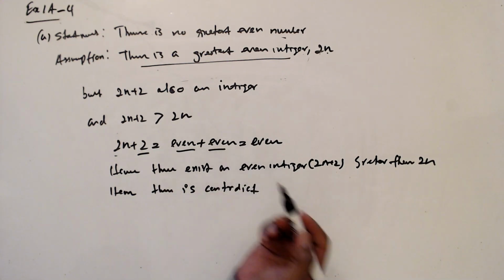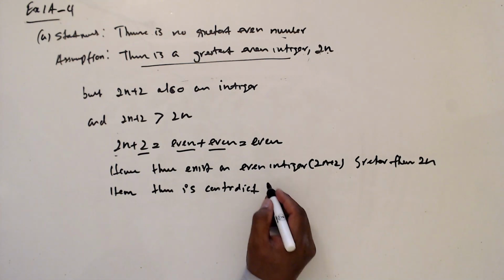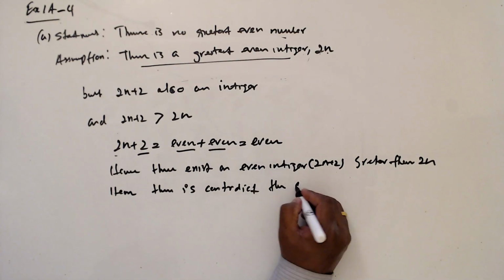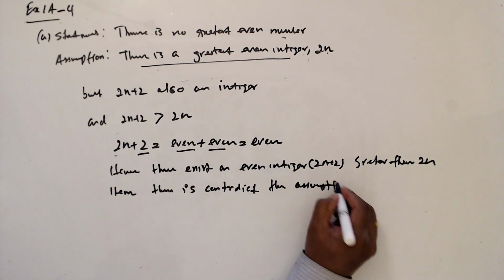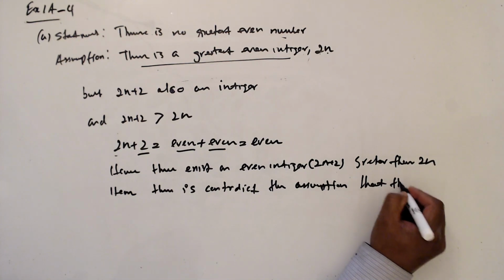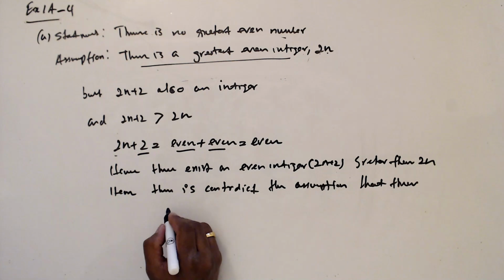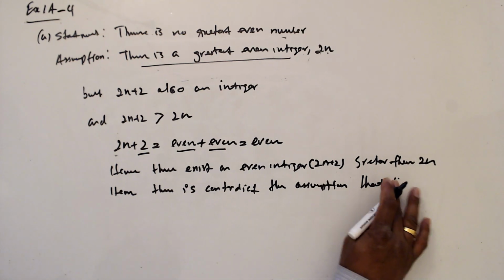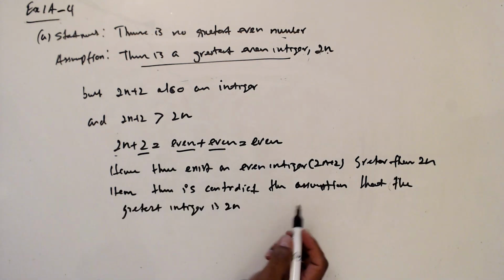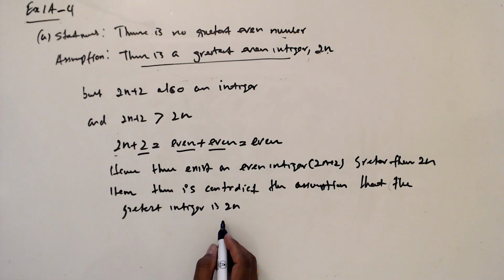We found that 2n plus 2 is greater, so this contradicts the assumption that the greatest integer is 2n.